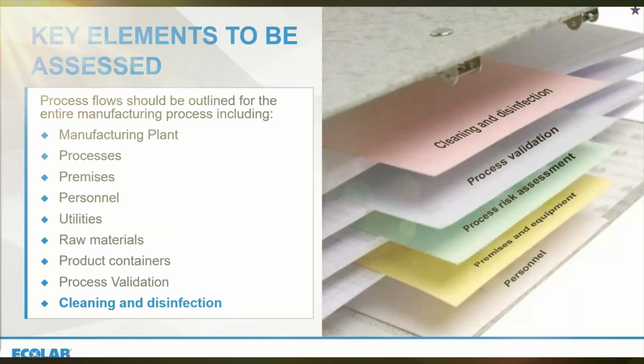The premises, the people, level of gowning, behaviours, utilities, so quality of air, water, and so on. Raw materials, where we're sourcing these from and the types of testing. The containers we're holding our product in, the validation of the process, and then the core topic of this webinar, which is centered around cleaning and validation.